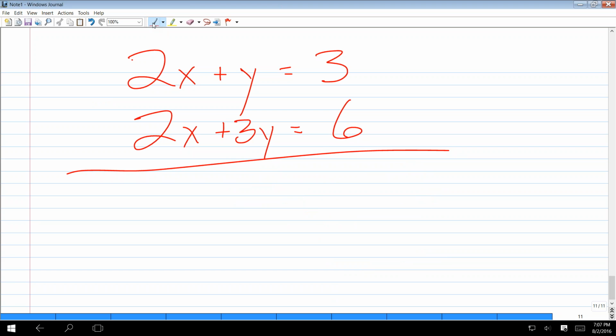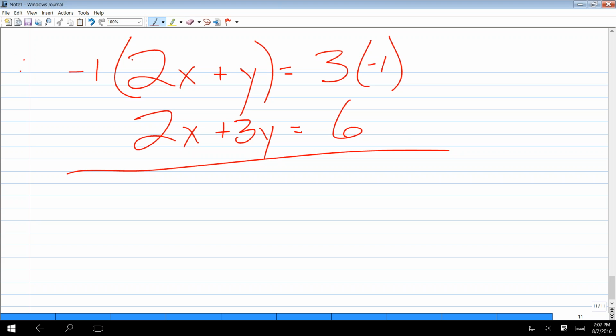And let's say we don't like subtraction. We want to be able to add them. Well, just like any equation, I can do whatever I want to one side as long as I do it to the other. I'm going to take this top equation and multiply it by negative 1, which means I have to do the same on the right side.